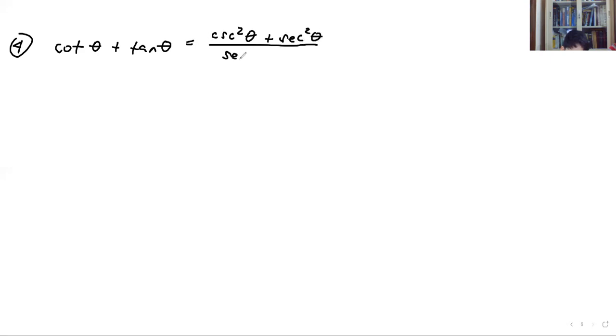Let's try to prove that cotangent theta plus tangent theta is equal to cosecant squared theta plus secant squared theta all over secant theta times cosecant theta.